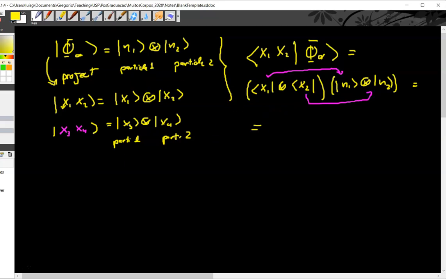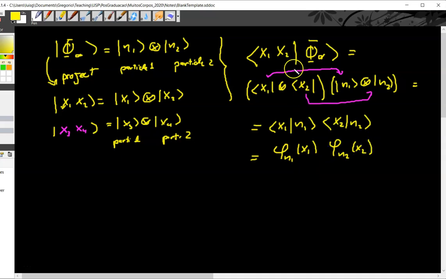So this is going to be x1 n1 times x2 n2, and in the notation that I had, this is phi n1 of x1 times phi n2 of x2. Now this is a complex number, so this is just a product.